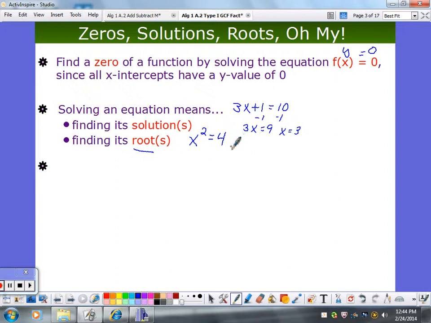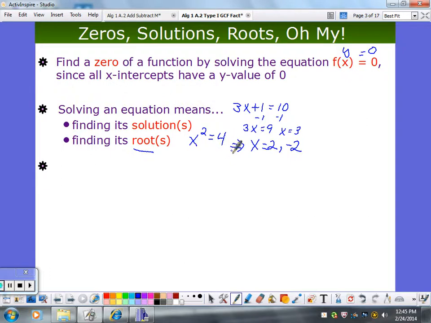So what would the solutions or roots of x squared equals 4 be? 2. And what else? What else squared gives me 4? Negative 2. What's negative 2 times negative 2? 4. So this one has 2 solutions. It has 2 roots. We get that word root from taking a square root to get there.